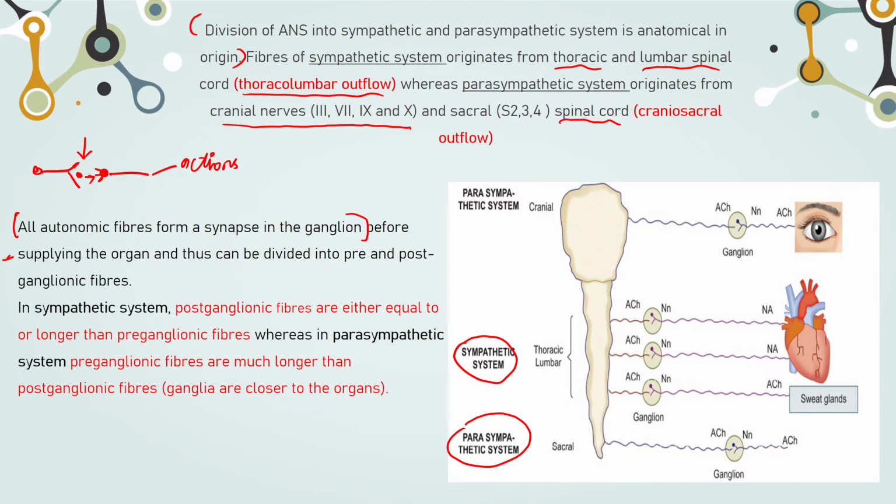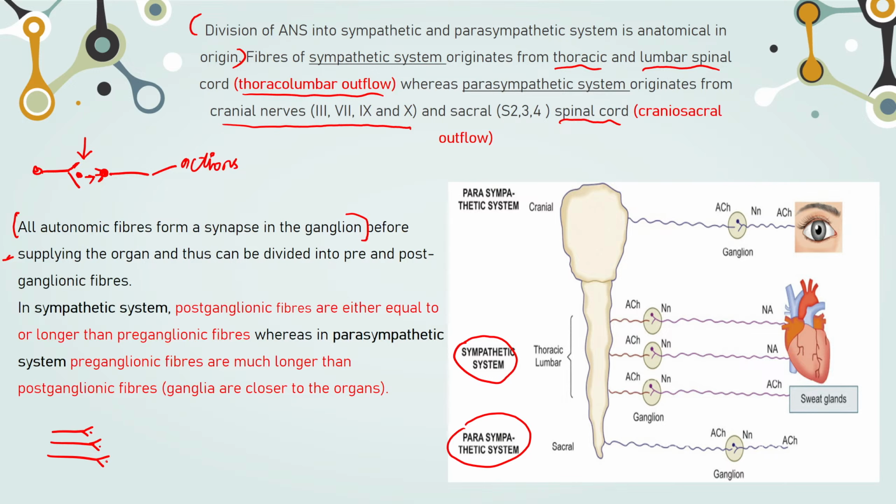This is a synapse. Now what is a ganglion? A ganglion is like a relay station. Many nerve fibers are present in a ganglion. It will process and organize all of these messages which come from different parts of our body, like many nerve fibers innervating a particular area.